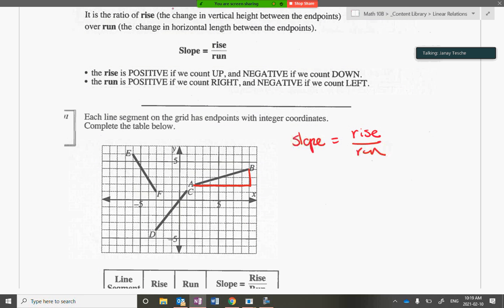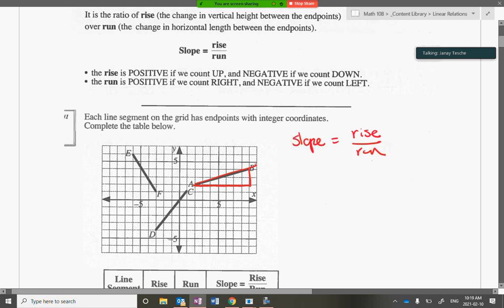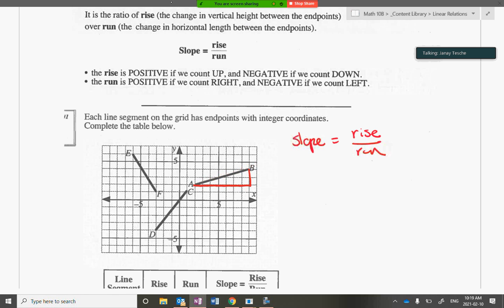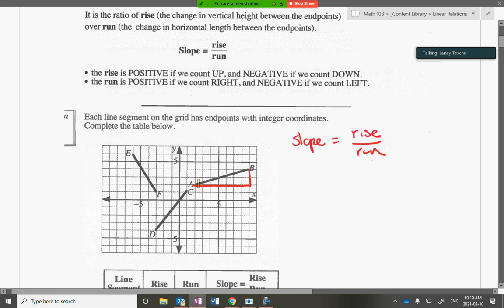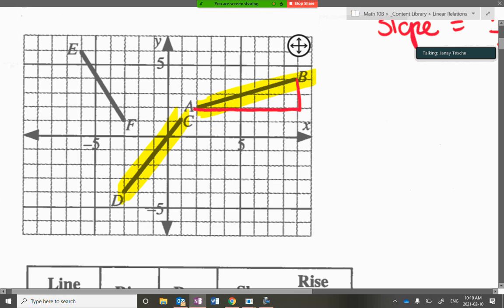When slope is running up and towards the right, we call it a positive slope. Have we discussed this, positive and negative slopes? Okay. That's a positive slope. This is a positive slope. There's also negative slopes.